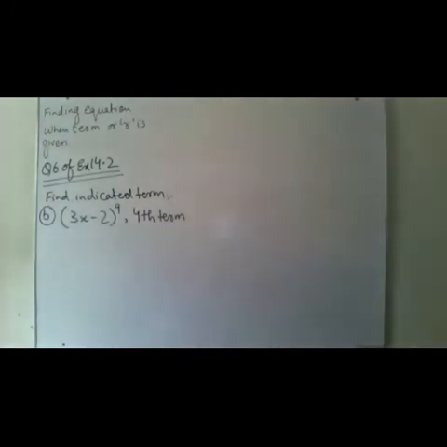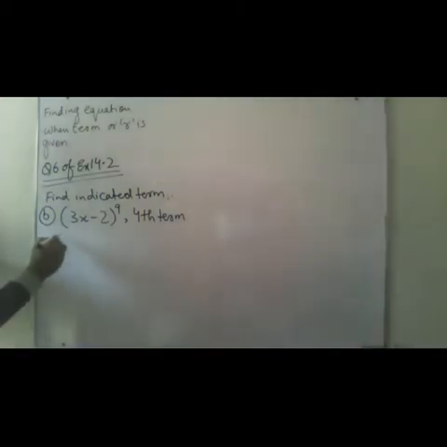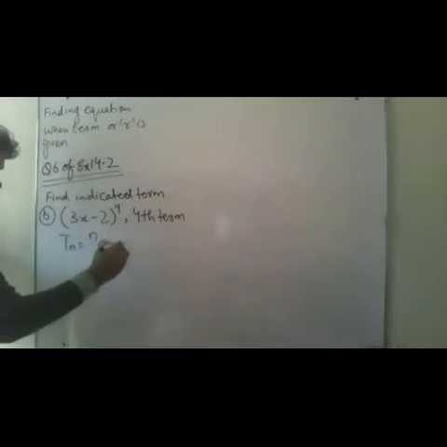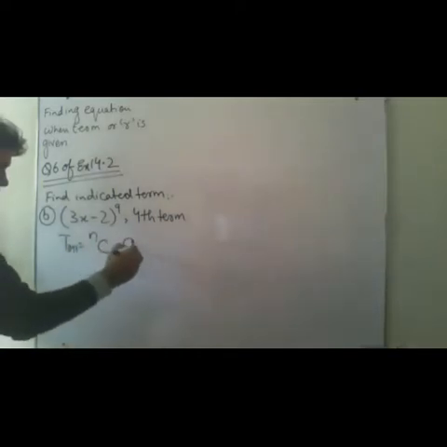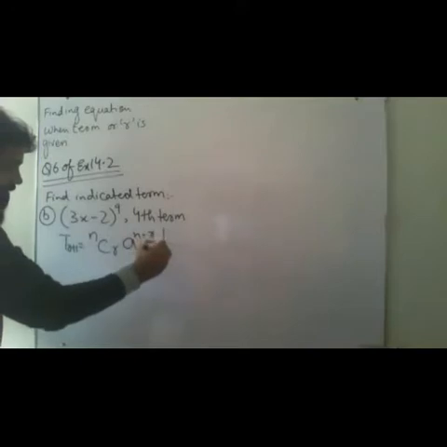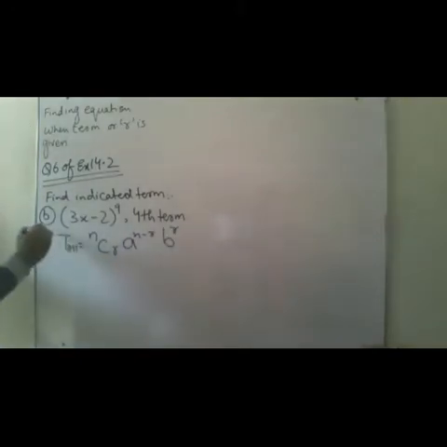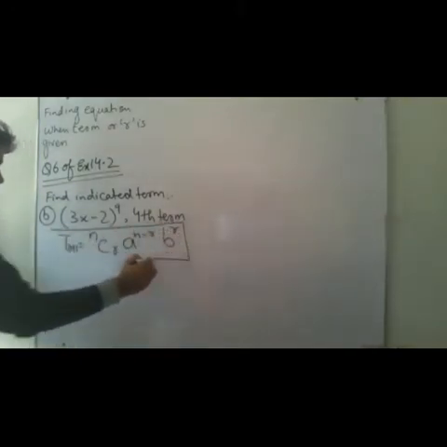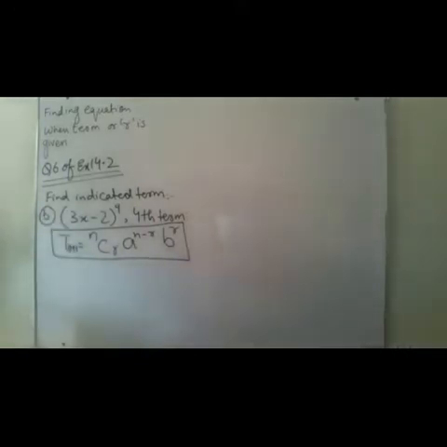How will I find it? I know that Tr plus 1 equals nCr, a to the power n minus r, b to the power r. This is the general formula of a term in a binomial expansion.